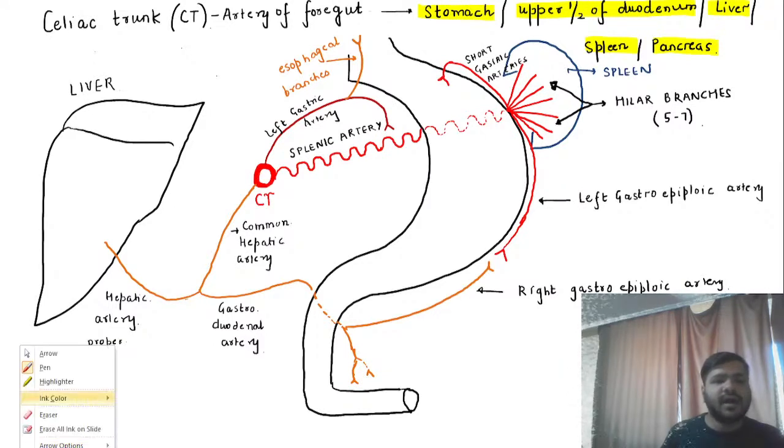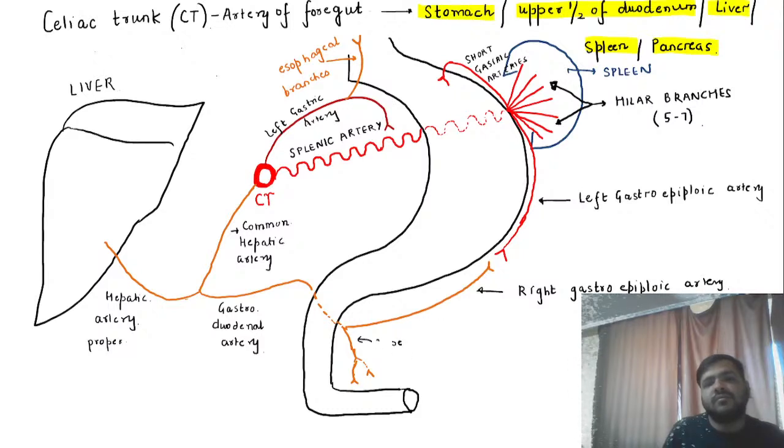So remember that this branch is called as the superior pancreaticoduodenal artery. So the gastroduodenal artery is getting divided into superior pancreaticoduodenal artery and right gastroepiploic artery.